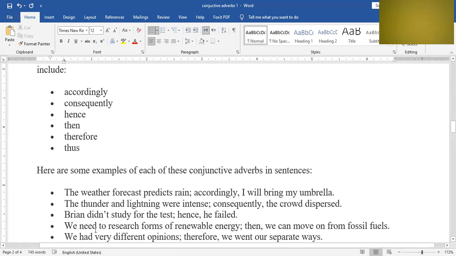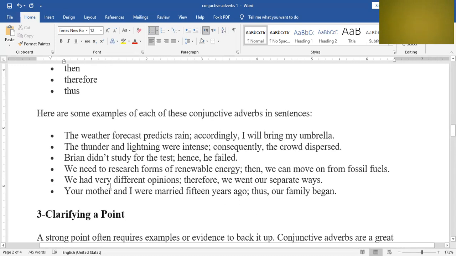Okay? We need to research forms of renewable energy like sun and air. Then we can move from fossil fuel, from petrol and oil and coal and so on. So if we have renewable energy, then we can move on from fossil fuels.